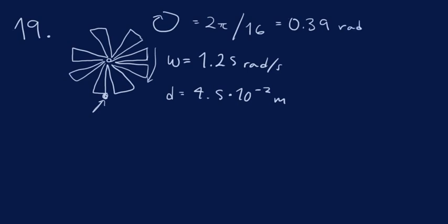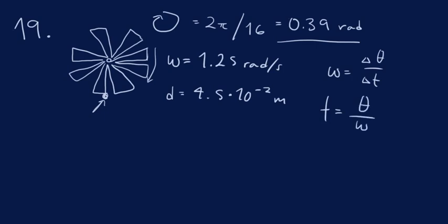Now we want to know the time that it takes for one blade to travel that displacement right there, 0.39 radians. And since we know that the angular velocity equals delta theta over delta time, we can rearrange that formula to have it say t equals theta divided by omega.